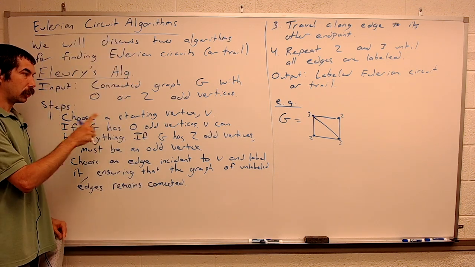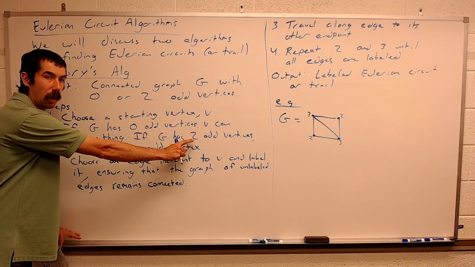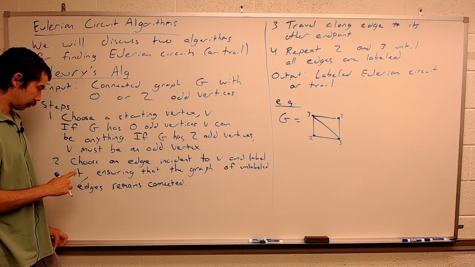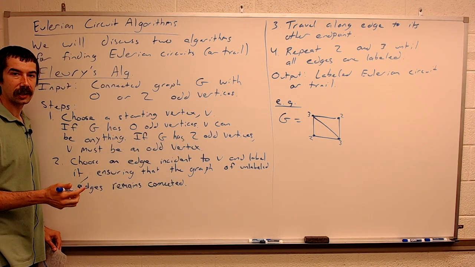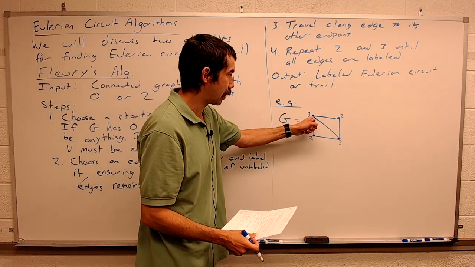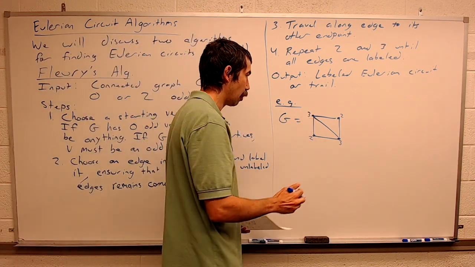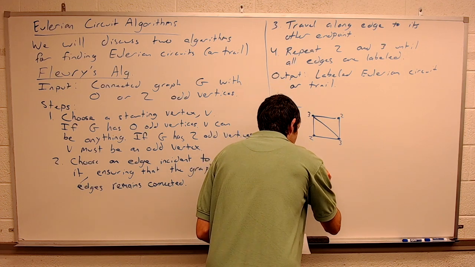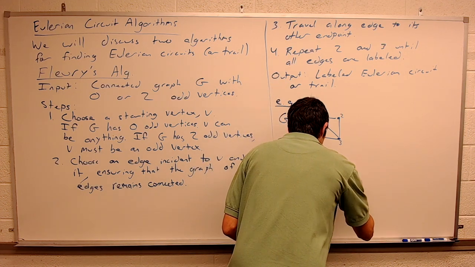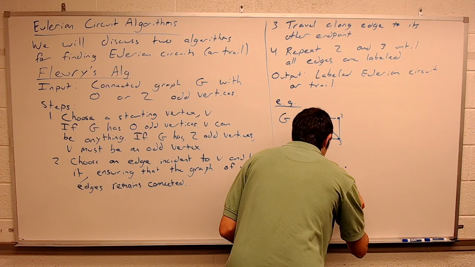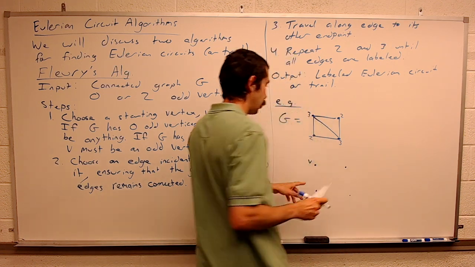The first step, choose a starting vertex. If G has 2 odd vertices, which we do, V must be an odd vertex. Let's pick this to be V. Okay, so I'm going to just redraw our graph, and I'll build out our trail. Okay, so here's our starting point.